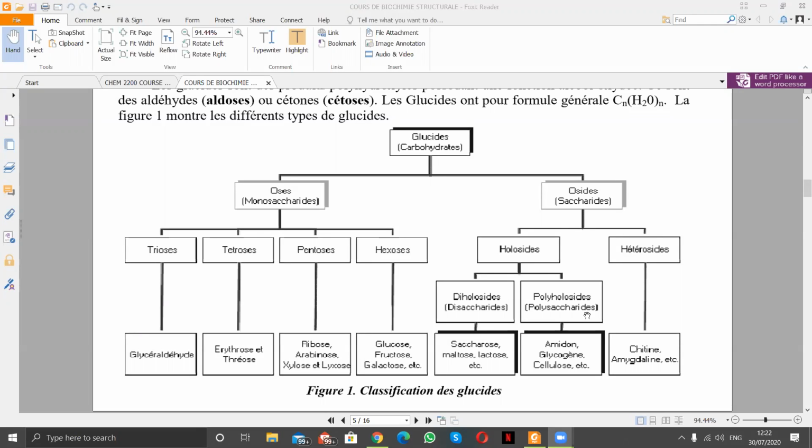The classification, the first one is classified as monosaccharide, oligosaccharide, and polysaccharide.